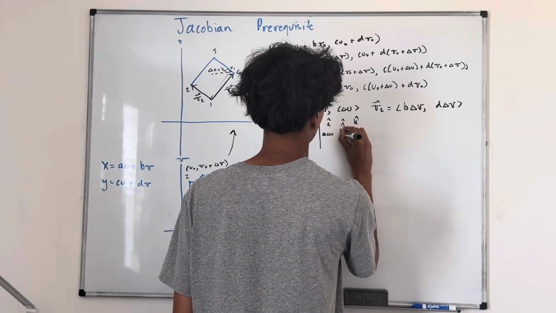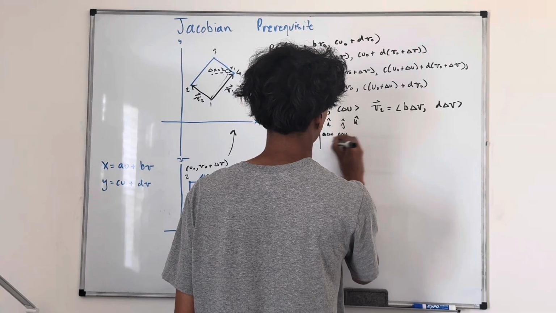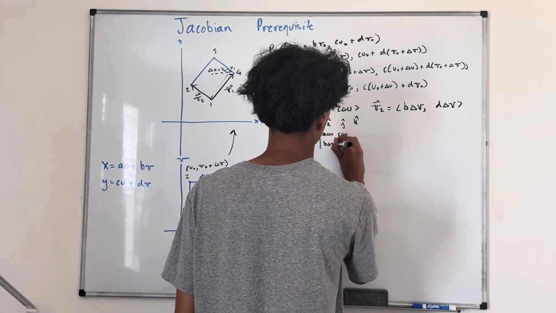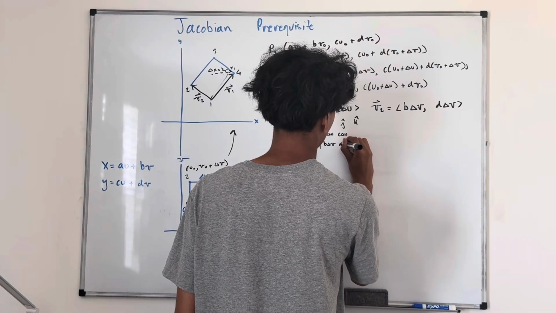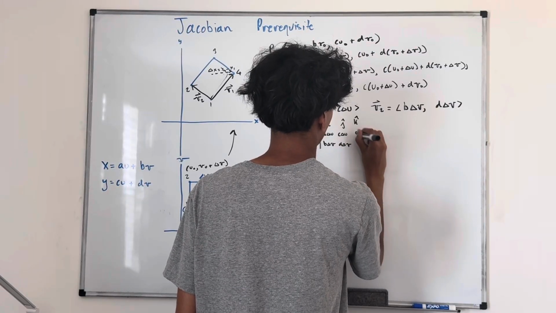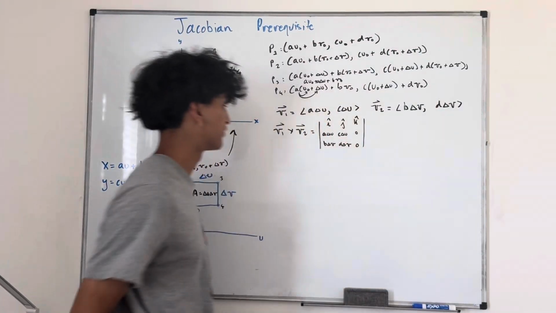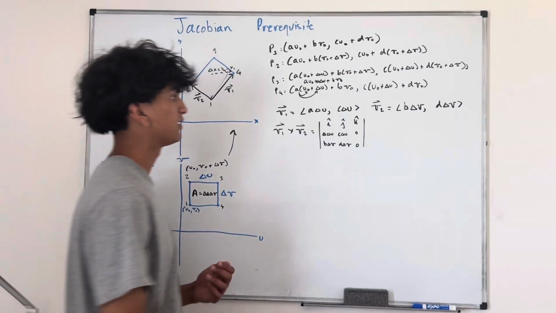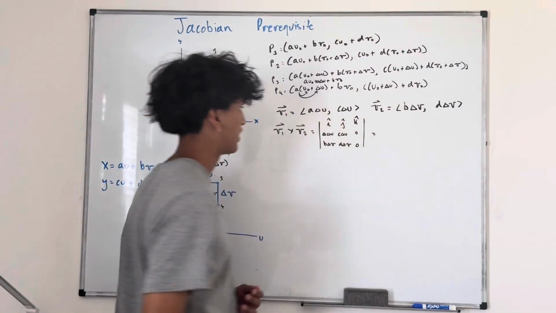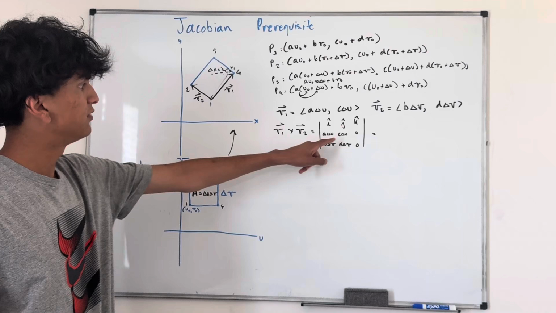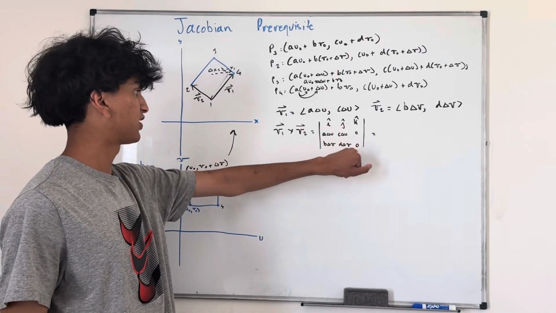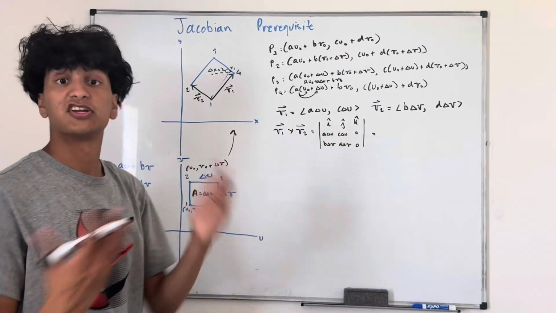A delta U, C delta U, B delta V, D delta V, 0, 0. First things first, when I start taking this determinant to find the cross product, for the I component I do this component times 0 minus this component times 0. That just becomes 0.